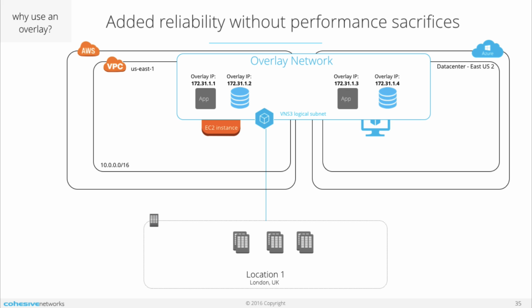In this diagram, we've got an overlay network spread across AWS and Azure, and we have the same range of overlay IPs. Control of your overlay is independent from provider. You can add network connectivity and reliability for multiple regions, and things like built-in disaster recovery or failover.